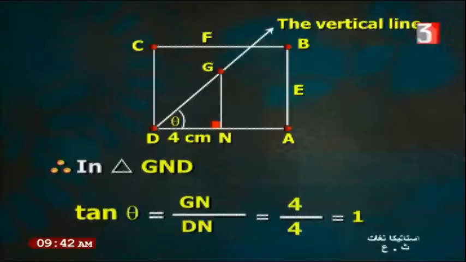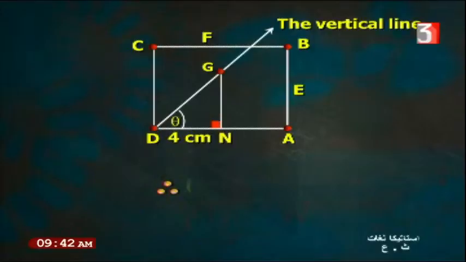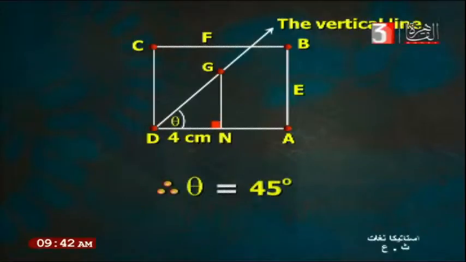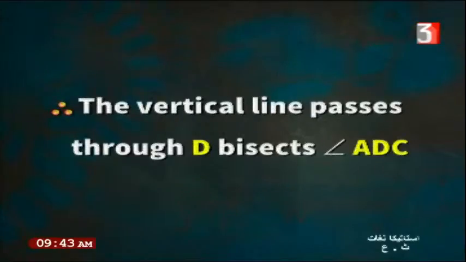Then what is the angle? 45. By using the calculator, shift tan inverse of 1 equals 45. Then theta equals 45. The vertical line is inclined to DA by angle 45. The vertical line passing through D bisects angle ADC because the angle is 90. Now we translate to another example.